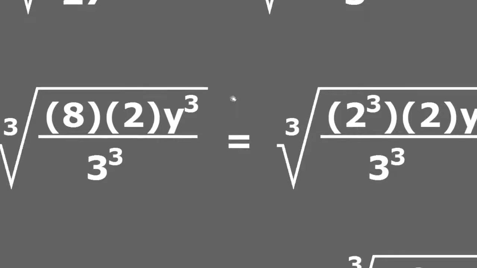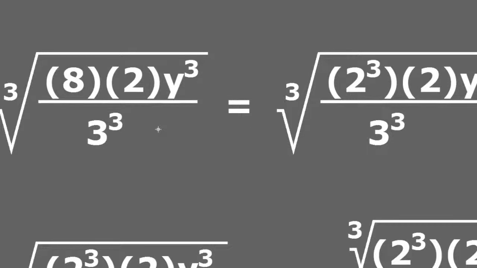Now, the next step is to rewrite the 8 as 2 cubed. 2 times 2 is 4, times 2 again is 8. So now I have 2 cubed multiplied by 2, I have y cubed, and all of that divided by 3 cubed.